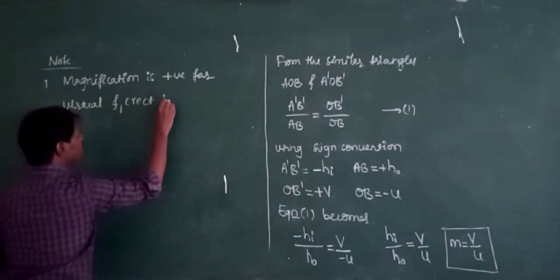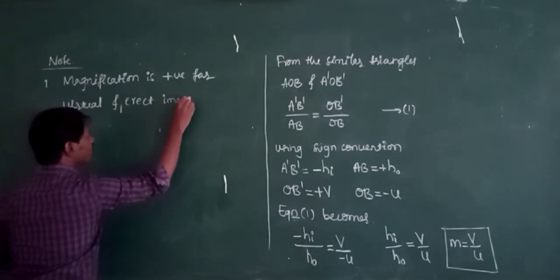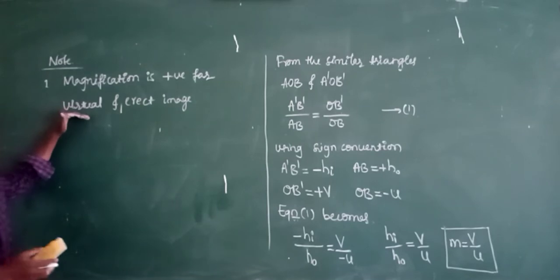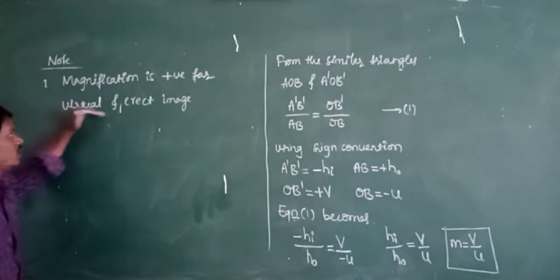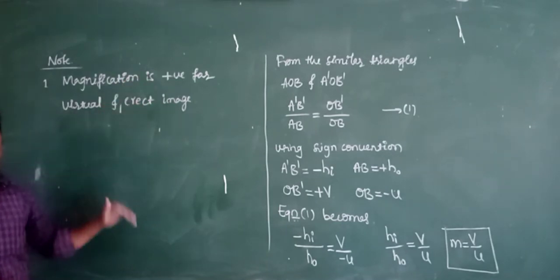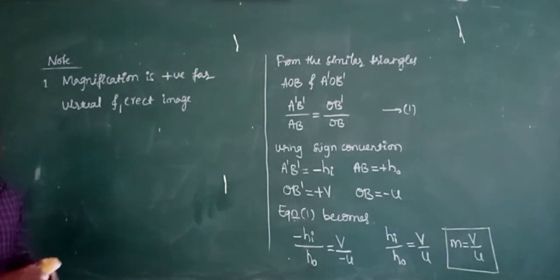Direct image means that if the object is upside, then its image is also upside. Object upside means the height of the object is positive, and image also upside means the height of the image is positive. Positive by positive, again the magnification is positive.